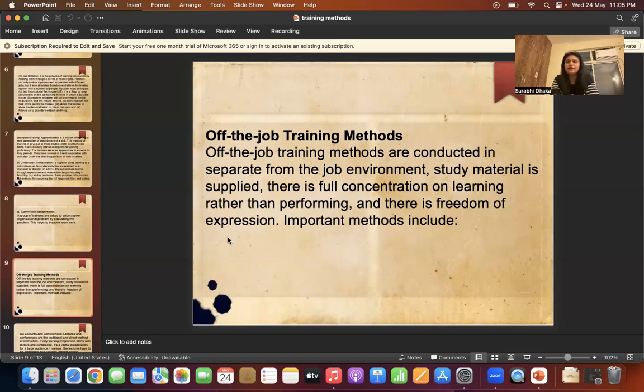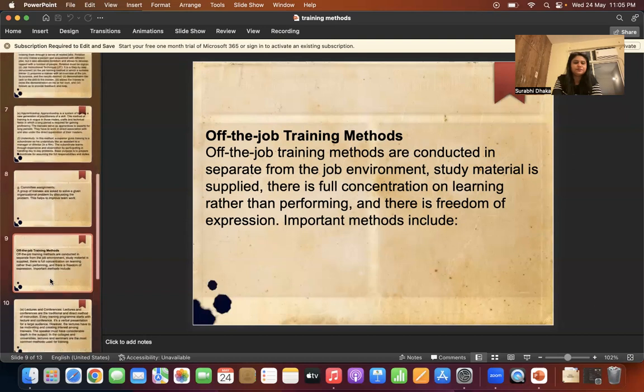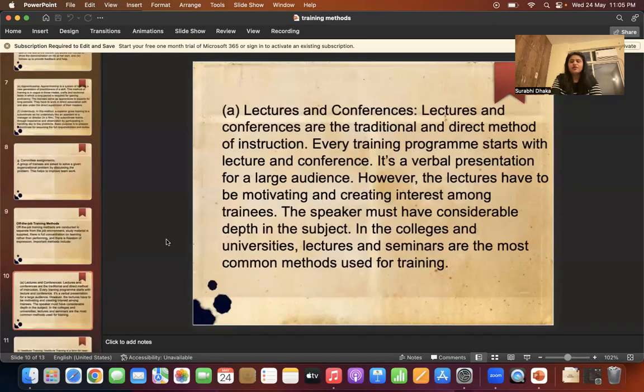So important methods include, first of all, your lectures and conferences. Lectures and conferences are the traditional and direct method of instruction. Every training program starts with lectures and conferences. It is a verbal presentation for a large audience. However, the lectures have to be motivating and create interest among the trainees.